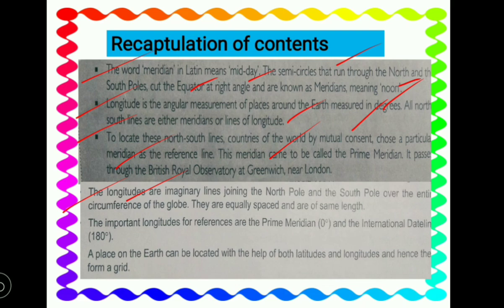They are equally spaced and are the same length. The important longitudes for reference are the prime meridian, that is the 0 degree meridian, and the International Date Line at 180 degrees. A place on the earth can be located with the help of both latitudes and longitudes, and hence they form the grid. So this is all about your content points.